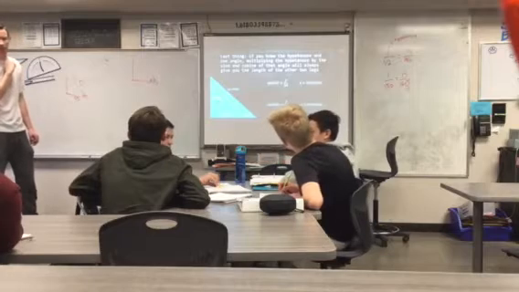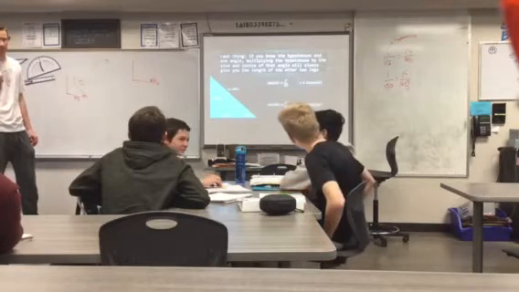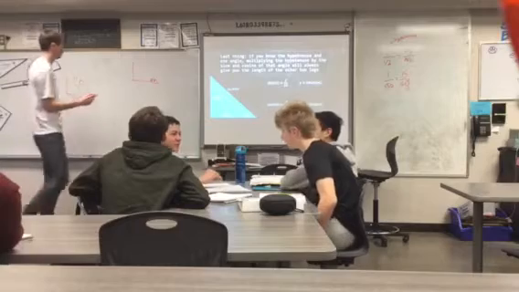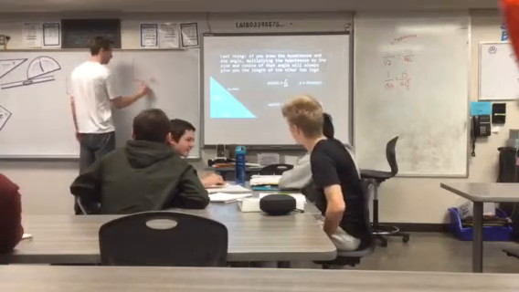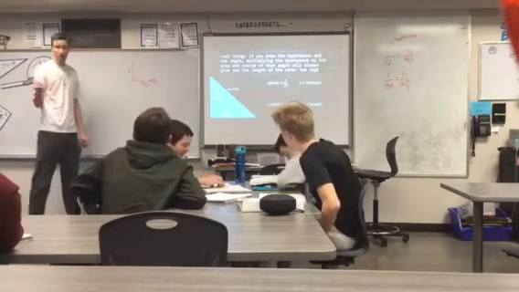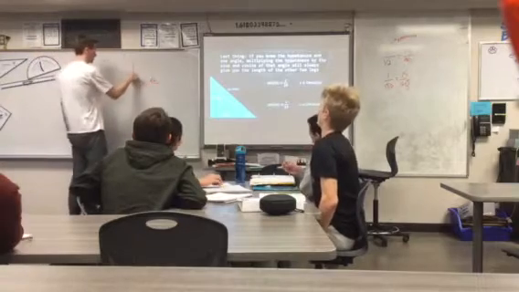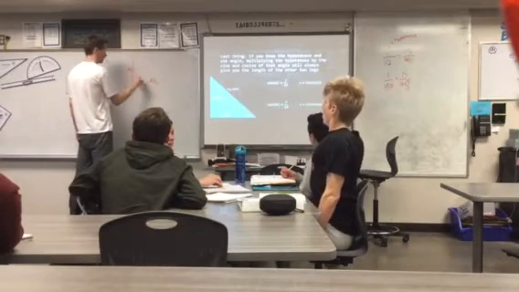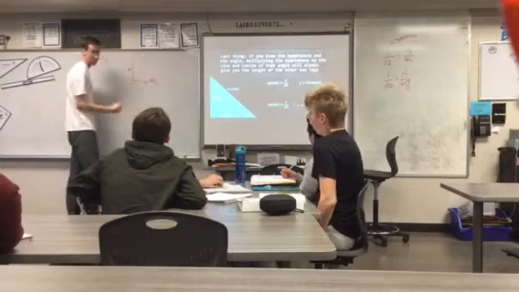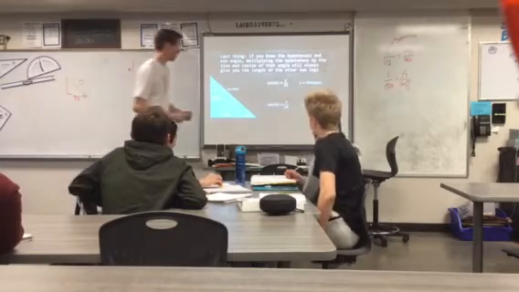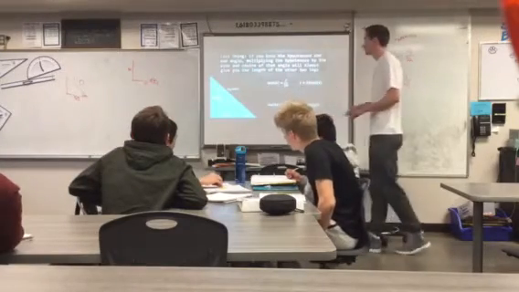I don't care about the hypotenuse with tangent, right? Because tangent's opposite over adjacent. So if you know the adjacent side and you don't know the opposite side, you could use tangent. Or if you know the opposite side and you don't know the adjacent side, you would use tangent, right? Does that make sense?